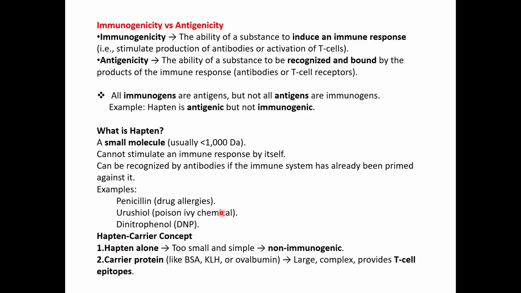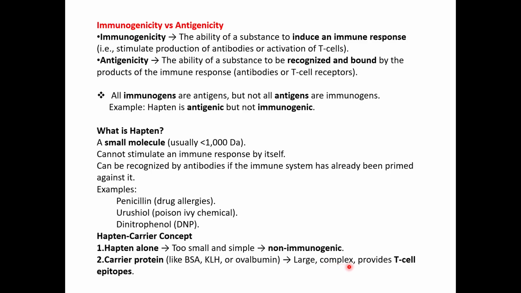So here comes, like I said, the hapten carrier concept. A hapten itself is not immunogenic but is antigenic. When a hapten is combined with a carrier, it now becomes immunogenic in nature. So, hapten alone is too small and simple, and it is non-immunogenic. When it is bound to a carrier protein like BSA, KLH, or ovalbumin, which are larger molecules, the combined size of the hapten-carrier is more, so it can be easily recognized by the immune system and it can activate the immune response.